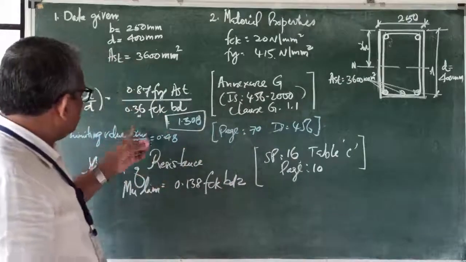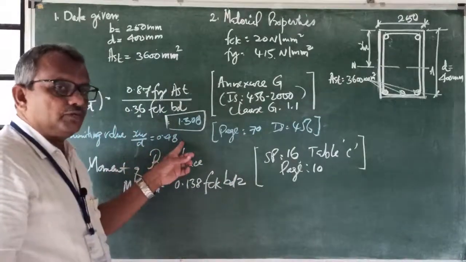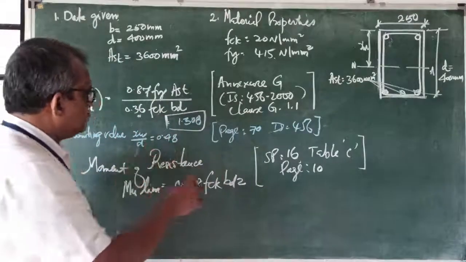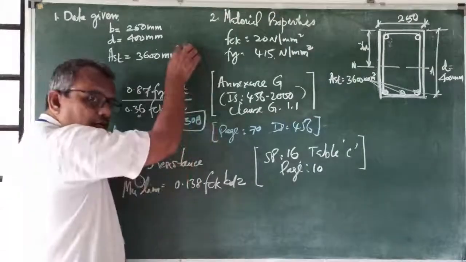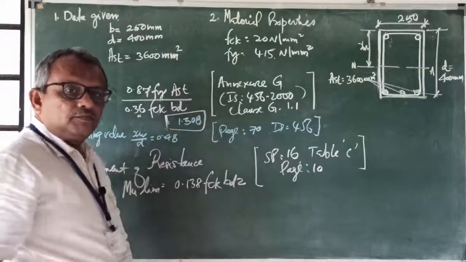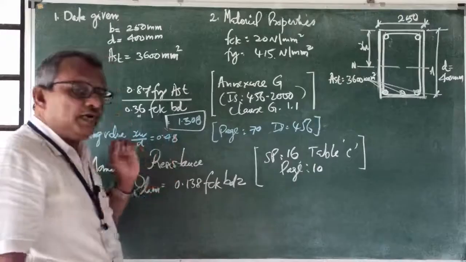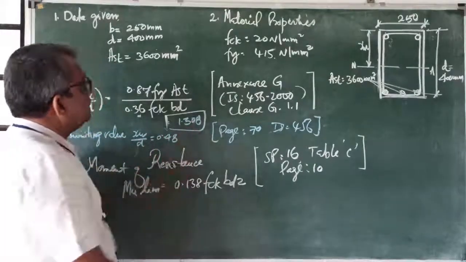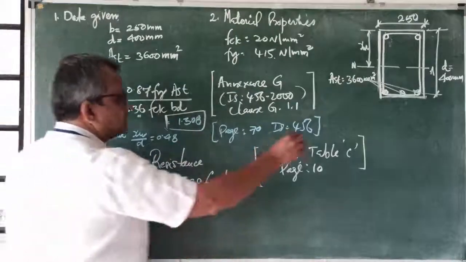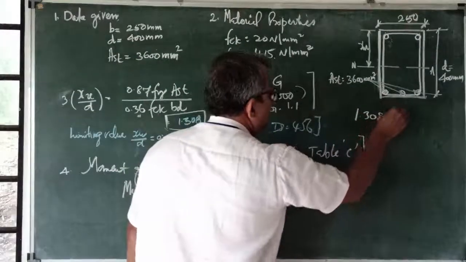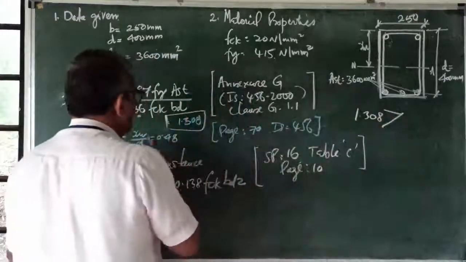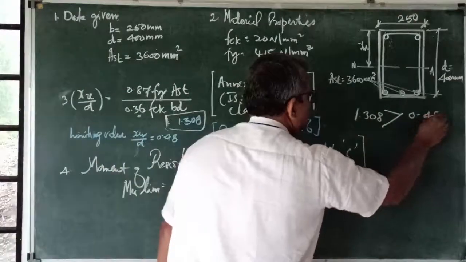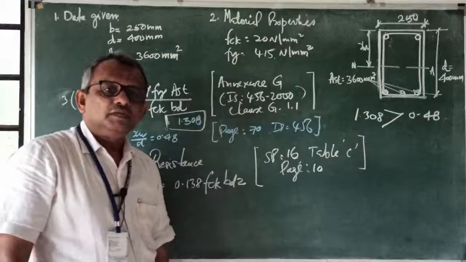The limiting value of XU by D is equal to 0.48. Now comparing these two: this is the value obtained from the data given for the beam, and this is the limiting value or the maximum value of the ratio XU by D. By comparing this, 1.308 is greater than the limiting value 0.48. So what does it show?